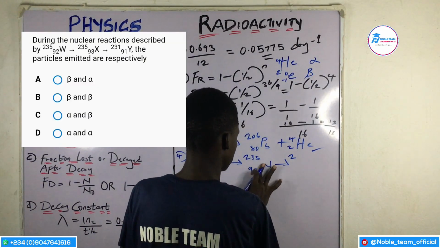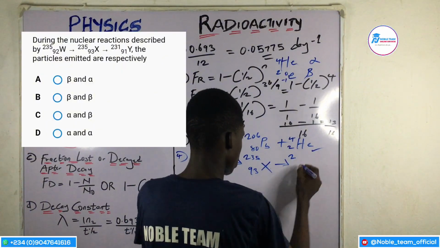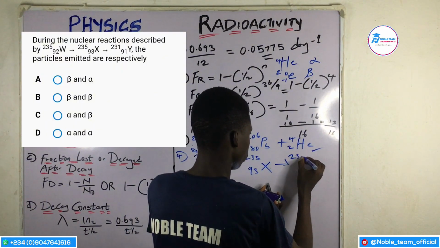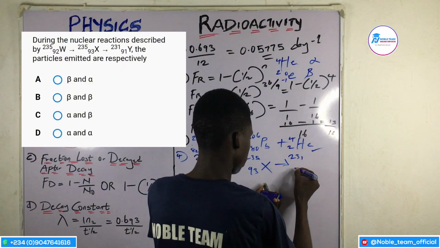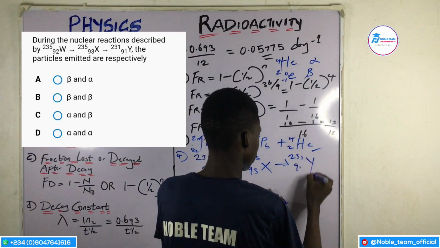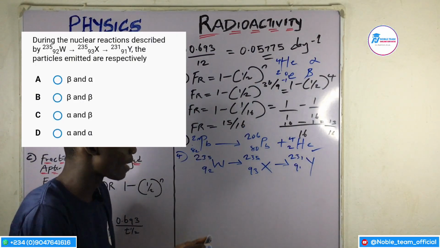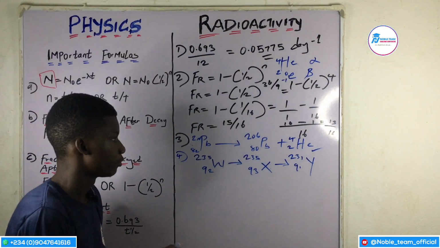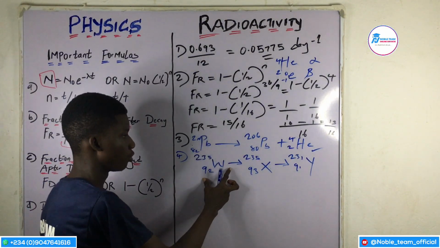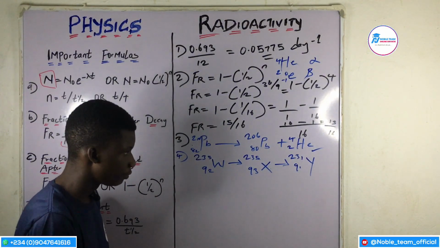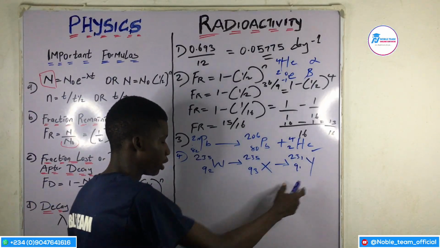This is X. You see the question on your screen, 231 and 91. This is Y. They say the particles emitted are respectively what? This was the initial one, and we need to get X and Y.